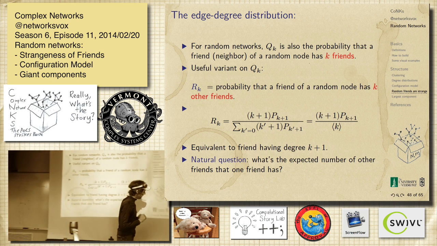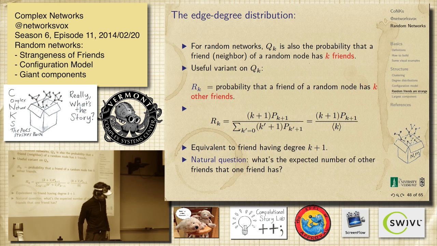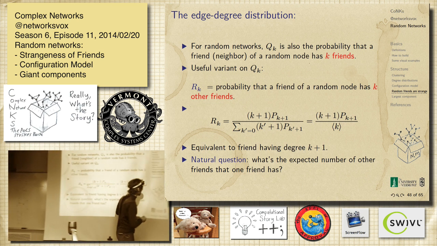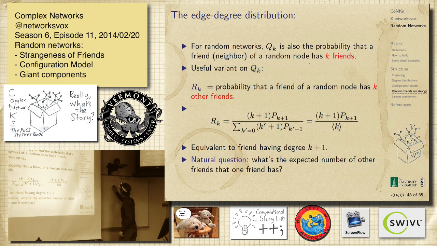Yeah, so before on the bottom we had the sum of k prime equals 0 to infinity of k prime p of k prime. Now for k prime equals 0, that first term doesn't matter. It's gone, right?